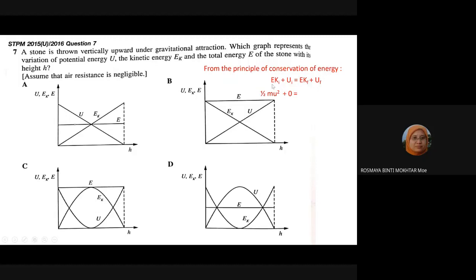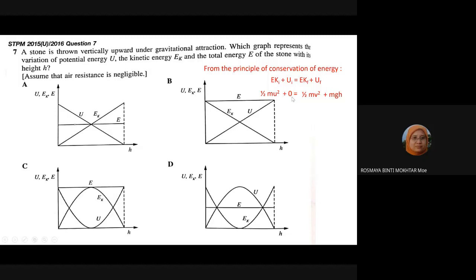To project or throw the stone upward, it needs an initial velocity u. This velocity u is constant, because the throw upward happens one time only. So u is constant. A stone is thrown vertically upward.